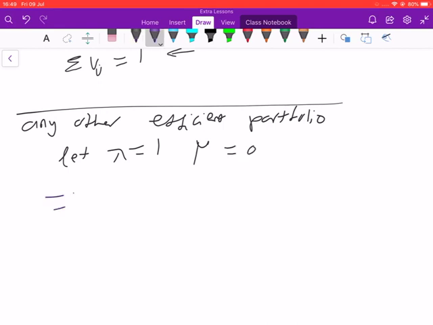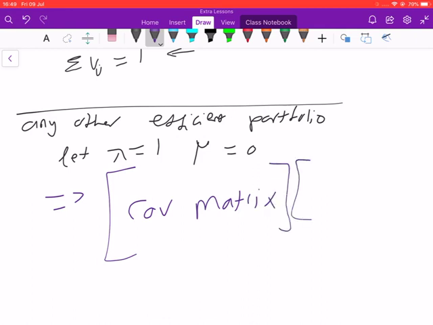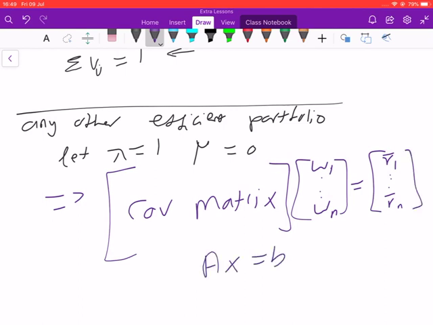Again, I'm not going to do the math behind that. You are going to have your covariance matrix times your weight 1 up to weight n, equal to the returns of asset 1 up to the returns of asset n. And then again, you have your Ax equals b. You reduce the rows of A to find your answer.